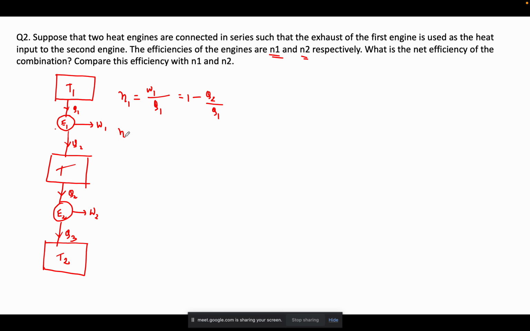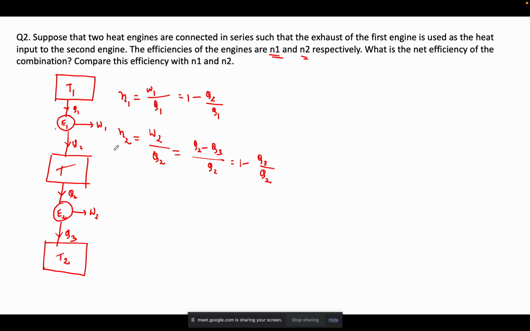And my eta 2 is W2 divided by Q2, where W2 is Q2 minus Q3, so this is also equal to 1 minus Q3 by Q2. So this is my eta 1, this is my eta 2.